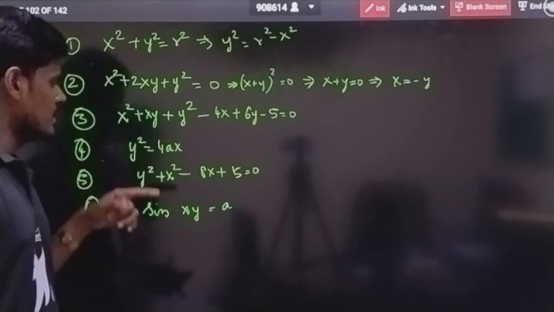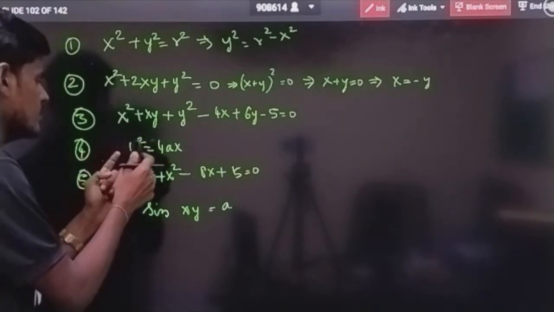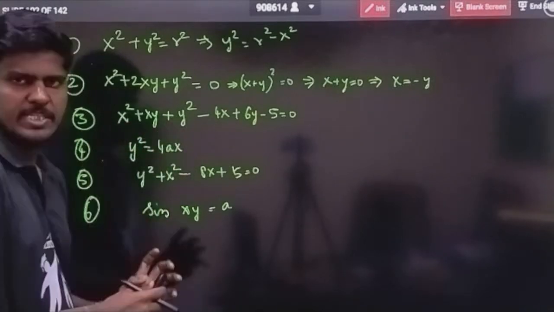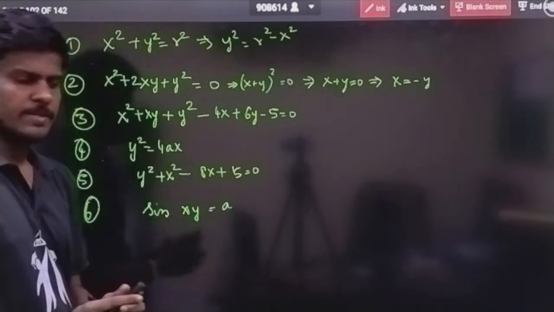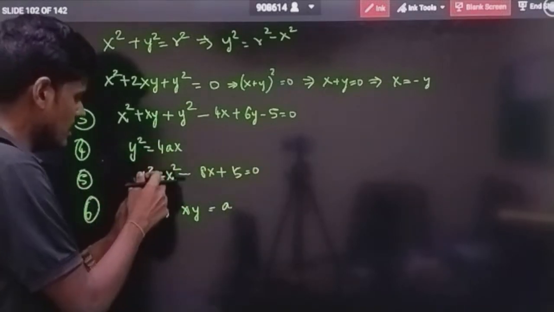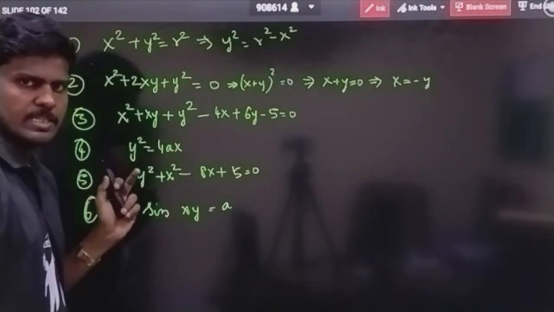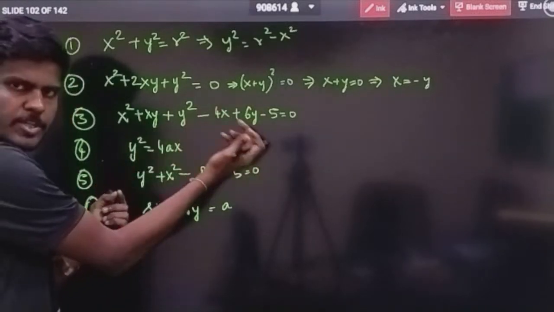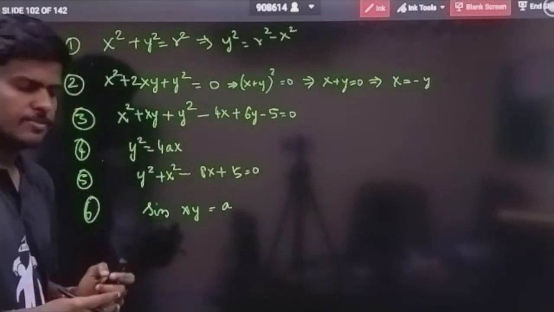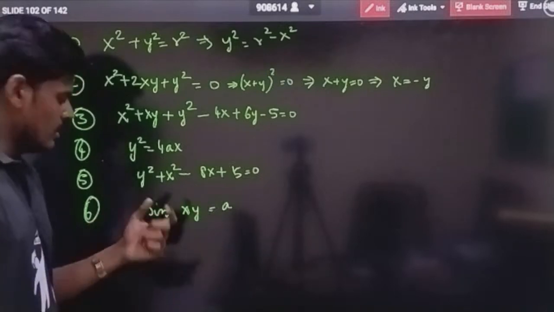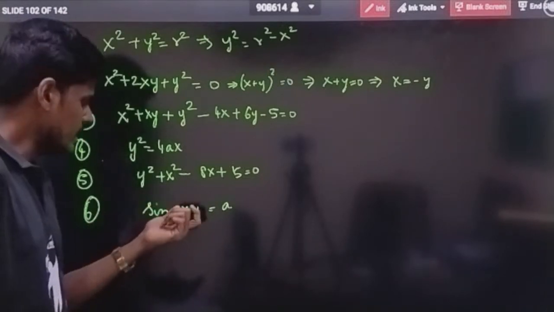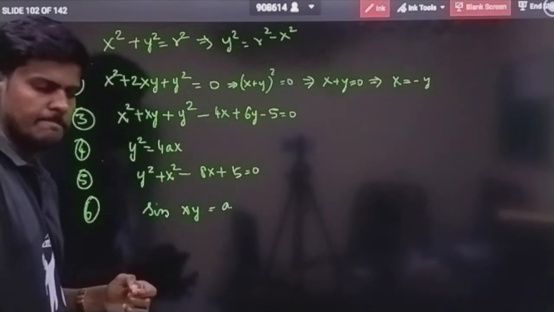Say fourth case, it is already in y variable separate, x variable separate, so this is an explicit function. Fifth case, again y square is equal to remaining terms which are all x and constant, so we can write y in terms of x, that means this is an explicit function. Sixth one, sin of xy, can we write xy separately?